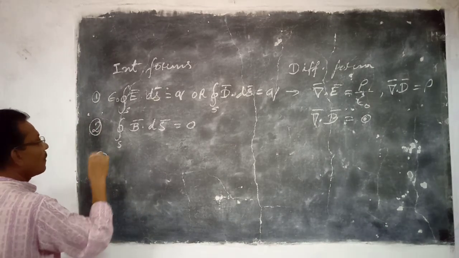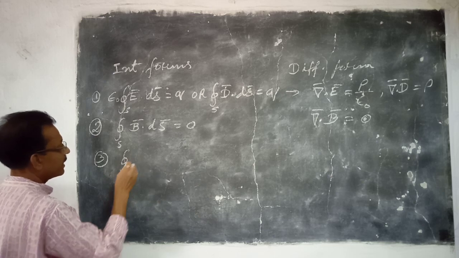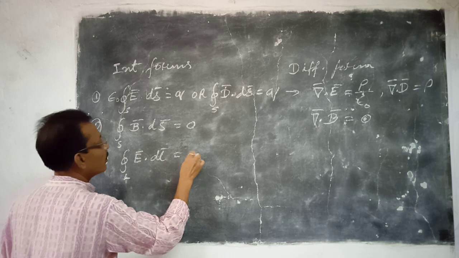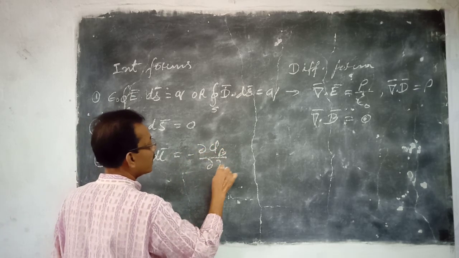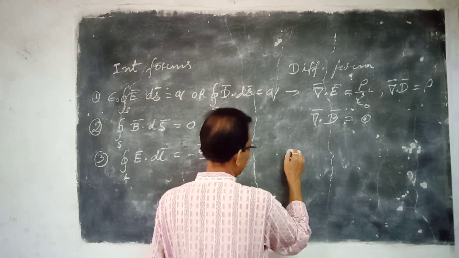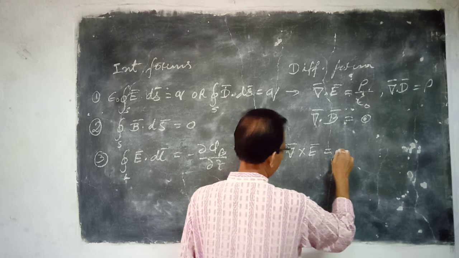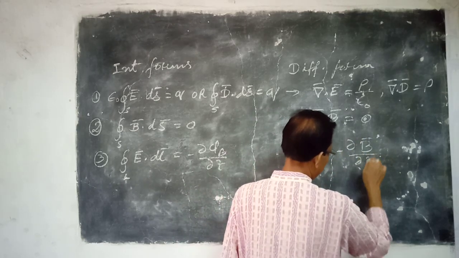Third one, Faraday's law of electromagnetic induction: line integral of E dot dl is equal to minus del phi B del t. Its equivalent form is curl of E is equal to minus del B del t.